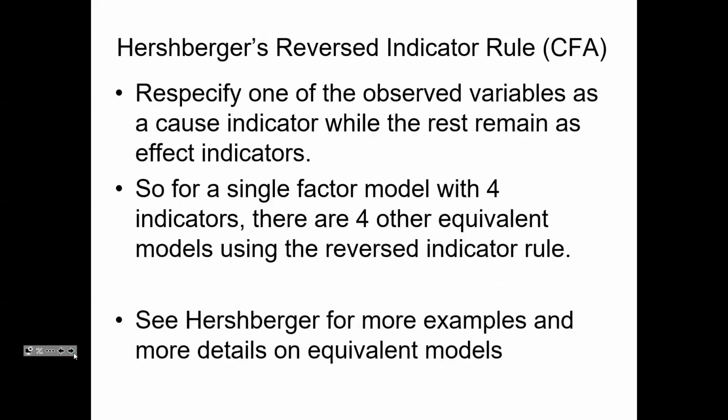Again, Hirschberger for CFA has what's called a reverse indicator rule, which means you can respecify any one of the observed variables in a CFA. This one is really concerning if you stop to think about it. You can respecify any observed variable as a cause indicator, while the rest remain as effect indicators. What that means is, I've got four variables.